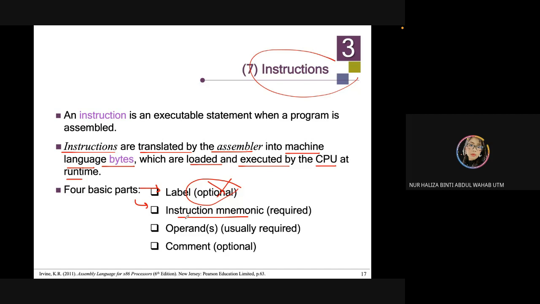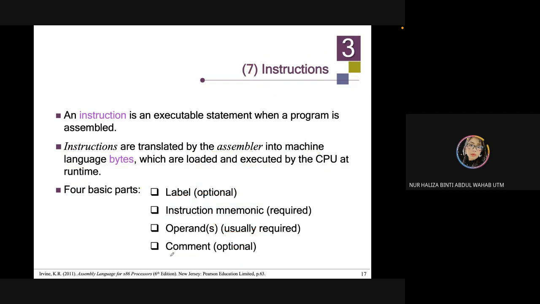It must be there, like move, add, sub, multiply. If you don't have the instruction mnemonic, you cannot instruct the machine, right? So this is a must. Operands are usually also required, because you need to know what operands are used. And lastly, a comment is optional.